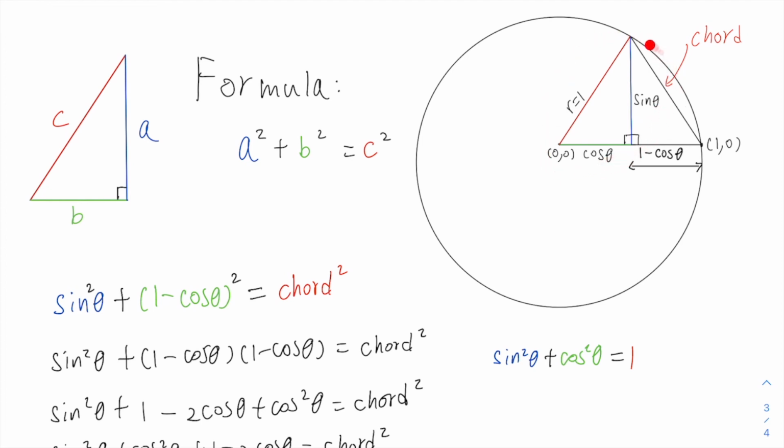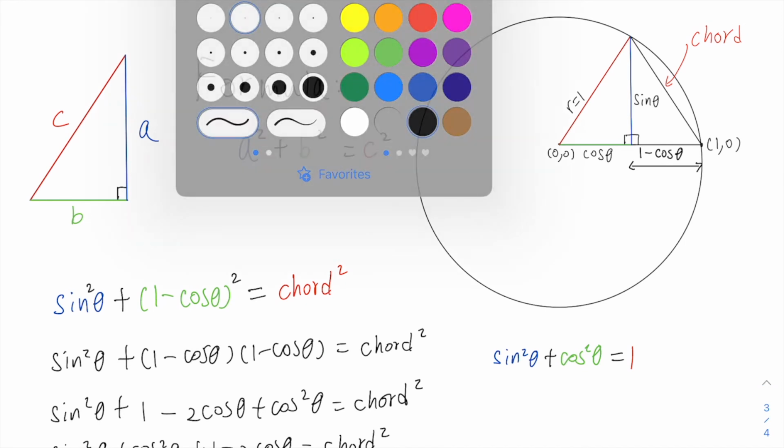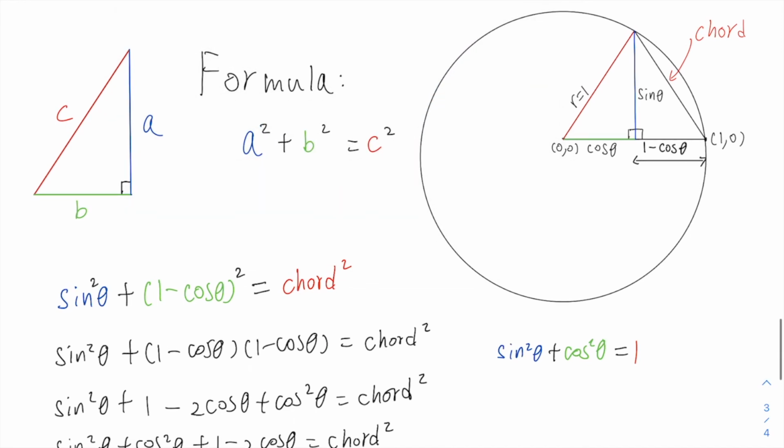That relationship is in here. So that's equal to 1 plus 1 minus 2 cosine theta equals chord squared. So that's 2 minus 2 cosine theta equals chord squared.